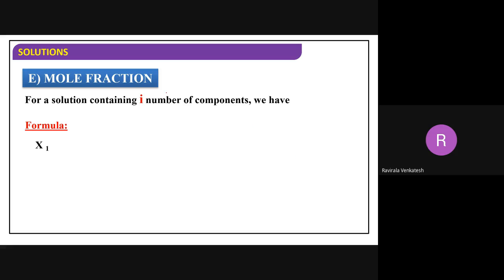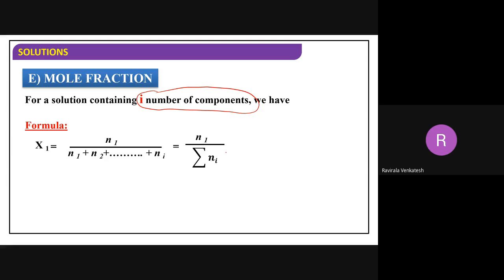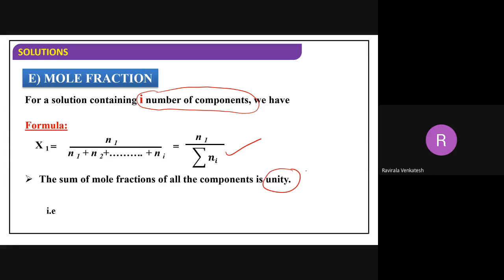A solution having n number of components: the sum of the mole fractions of all the components will always be 1. For example, for a quaternary solution, the mole fraction of 1 plus the mole fraction of 2 plus the mole fraction of 3 plus the mole fraction of 4 is equal to 1.